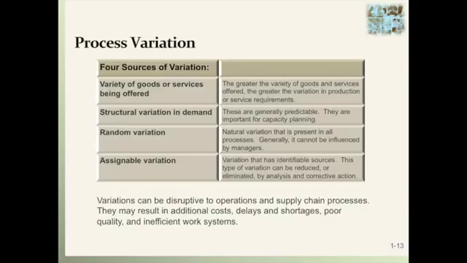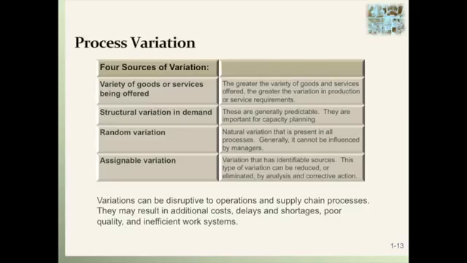Now there's process variation. So there are 4 sources of process variation. The first one is the variety of goods and services being offered. So the more variety you have in goods and services offered, the greater variation in the product or service requirement. The second is structural variation in demand.